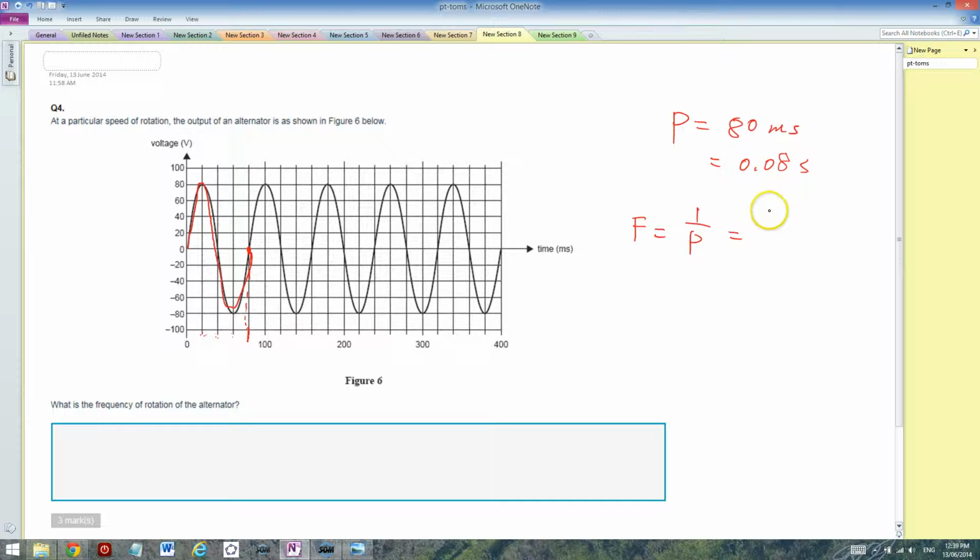Okay, so 1 divided by 0.08 is going to be 12.5 Hertz. So every second there are 12.5 periods, 12.5 rotations.